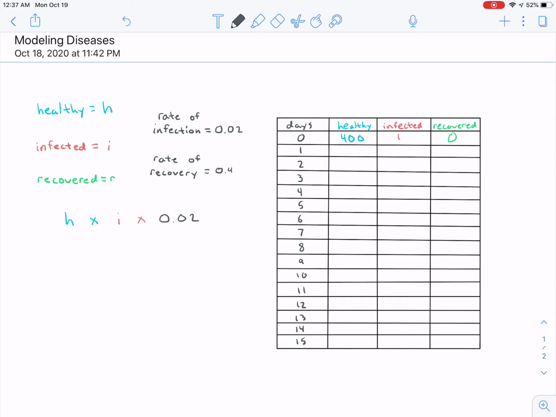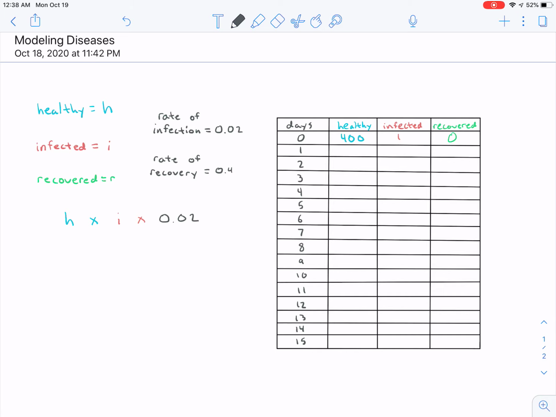So when you're modeling your own disease or hypothetical infection, and you're an evil person and you want everyone to get infected, then use a really high number. This is a pretty high number. Normally you want to go somewhere around 0.01. That's the normal-ish amount. But I chose 0.02 because I'm a bit evil. So that's how you find out how many people go from healthy to infected after a day.